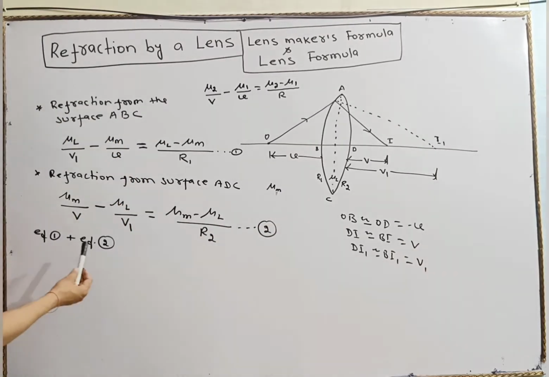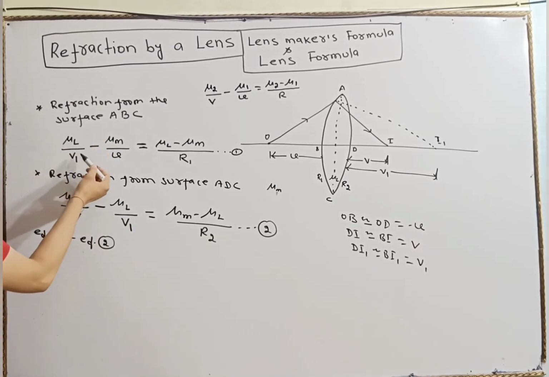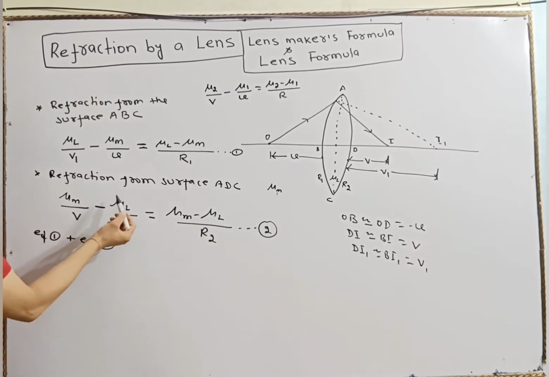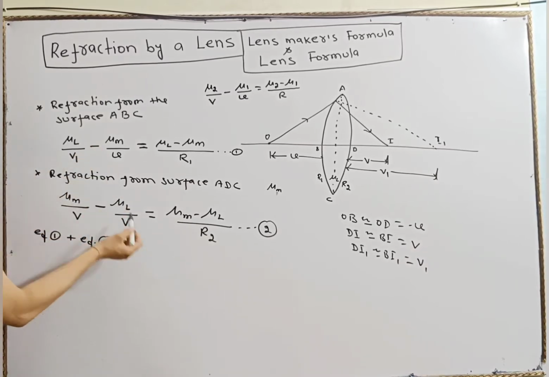Now add equation 1 and equation 2. See here, here is mu L upon V1, and here is minus mu L upon V1. They cancel out.